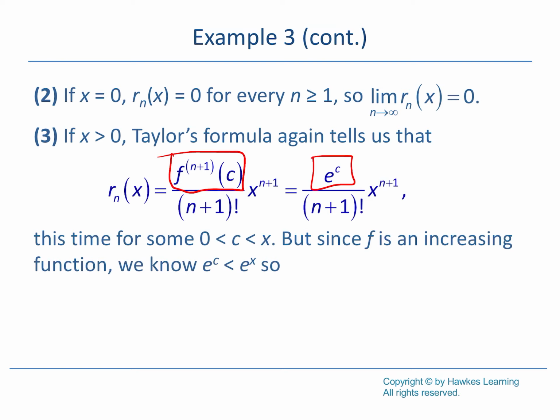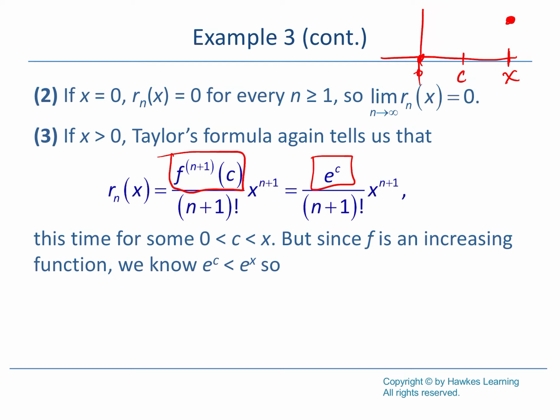And now this time we know that c is in between 0 and x, because this is like the mean value theorem thing that we've done so far, but this time the endpoint out here is x. Instead of b, we're using x. And so the value c is somewhere in between 0 and x.